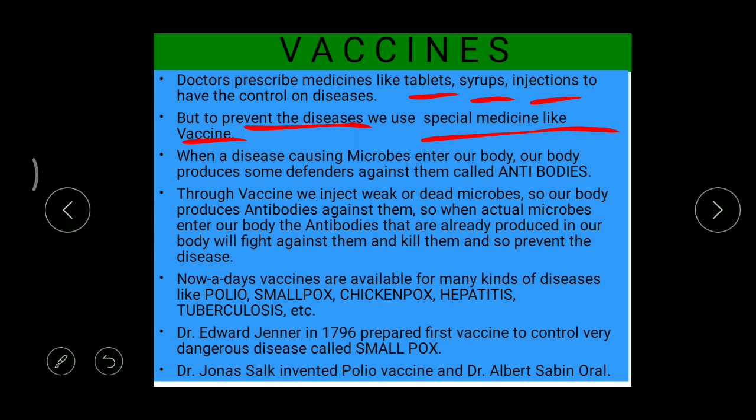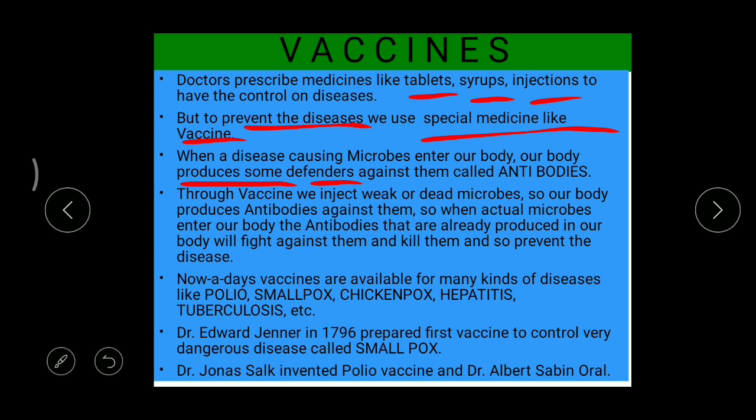And here, actually, how these vaccines are produced means, when any disease causing microorganisms enter our body, then our body will produce some defenders. Defenders means, that means to protect our body against the microorganisms.